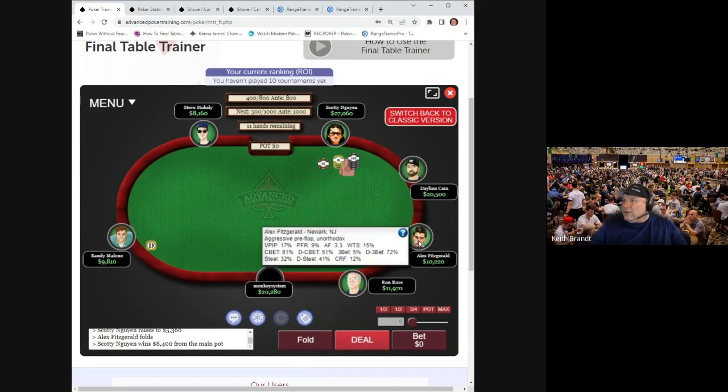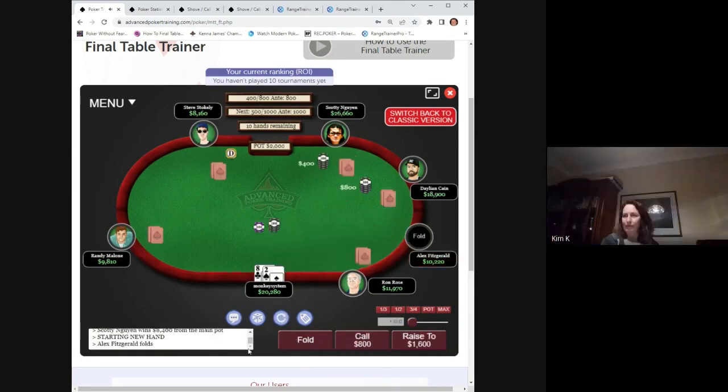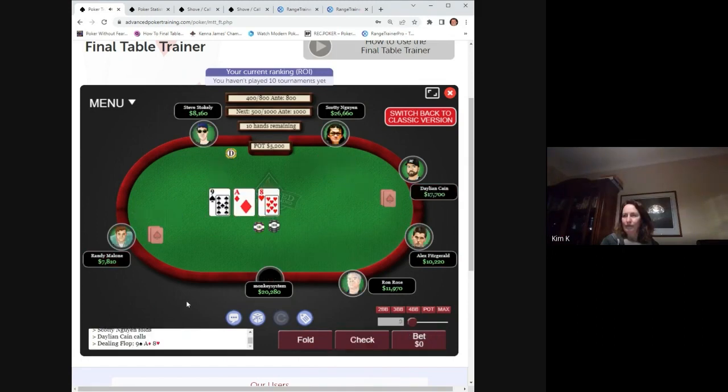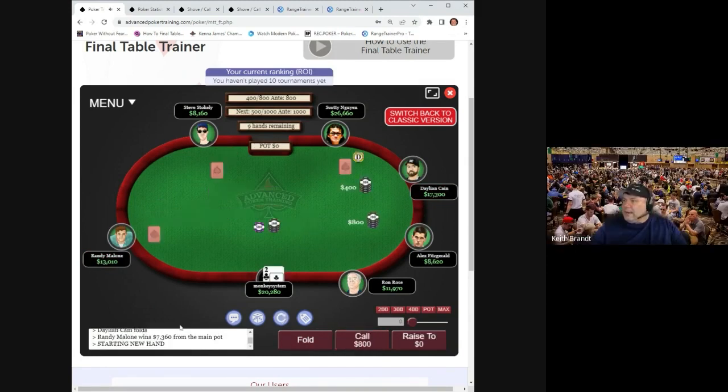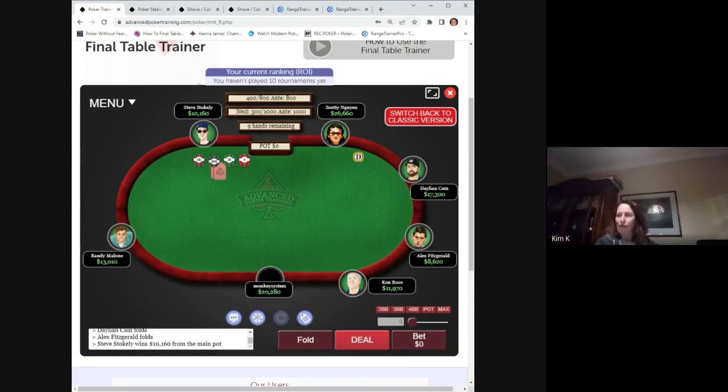You see the pressure that he put on this medium stack? That was interesting. Yeah, these guys are jamming a lot now, and they've taken some chips away from these other ones. It's good though. We now have the short stack on our right, which is good.